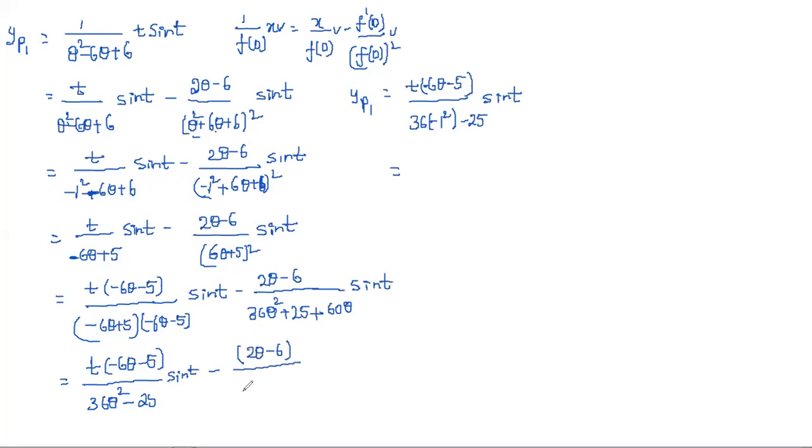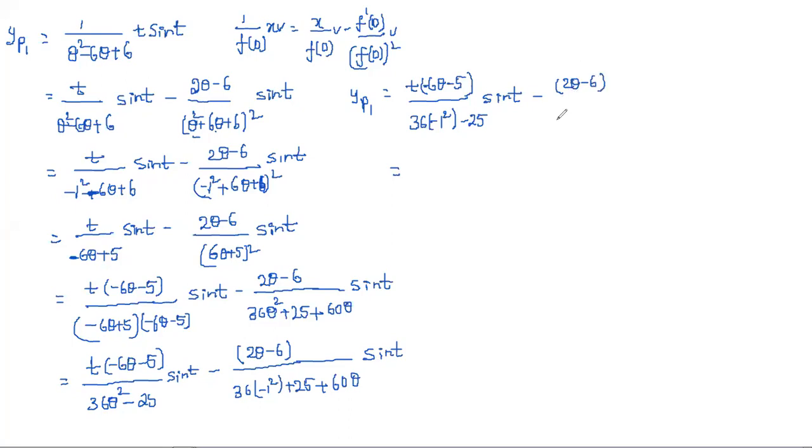So if you substitute in that, 36 into theta square is nothing but minus 1 square plus 25, plus 60 theta as this sine t. And then here it is minus 2 theta minus 6 by.